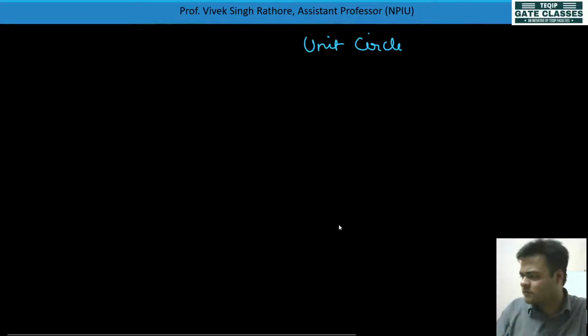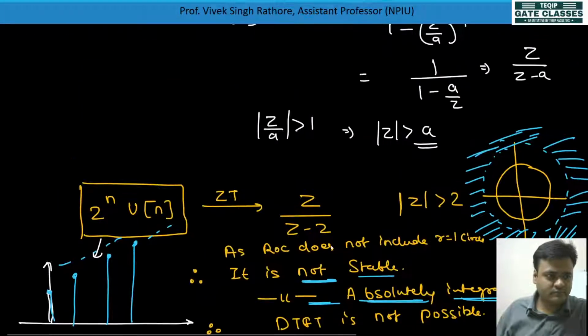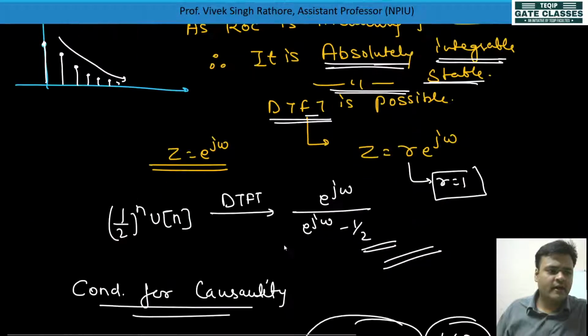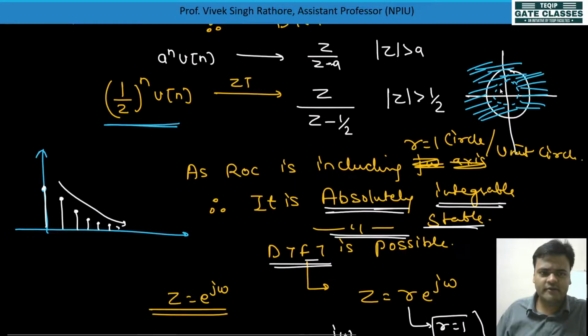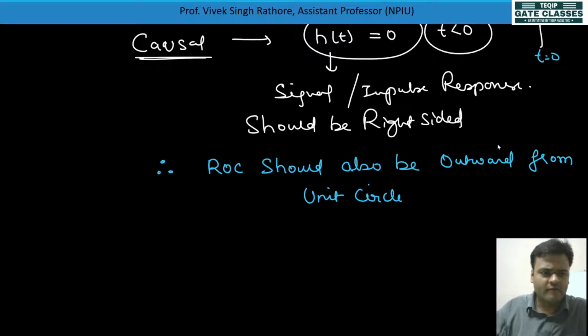Both signals here, 2 to the power n u of n and half to the power n u of n, are outward only, so they are causal. Actually, for causal, ROC should be outward only.